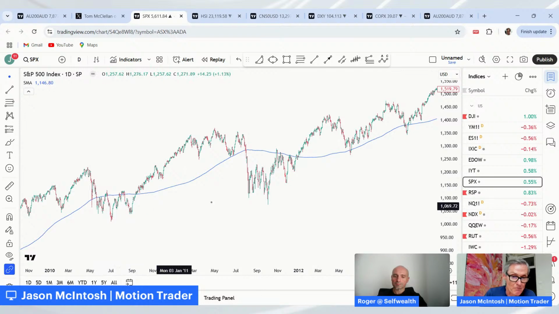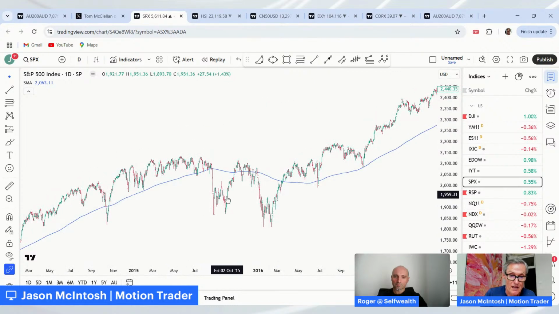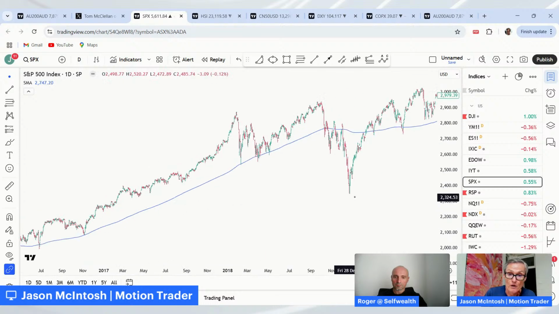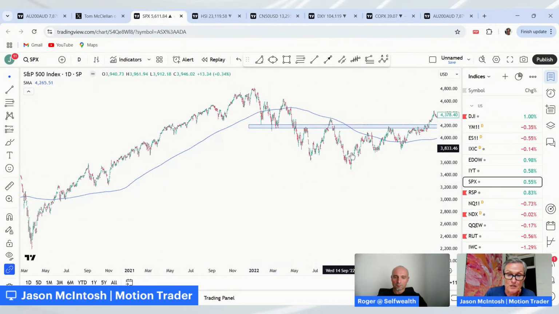It turned out to be a longer period. Same occurred during 2011, and you can find plenty of examples where if it can't quickly retake the 200-day moving average, it's a sign that there's a longer consolidation, or even a bearish phase, like 2022 could be in the making.